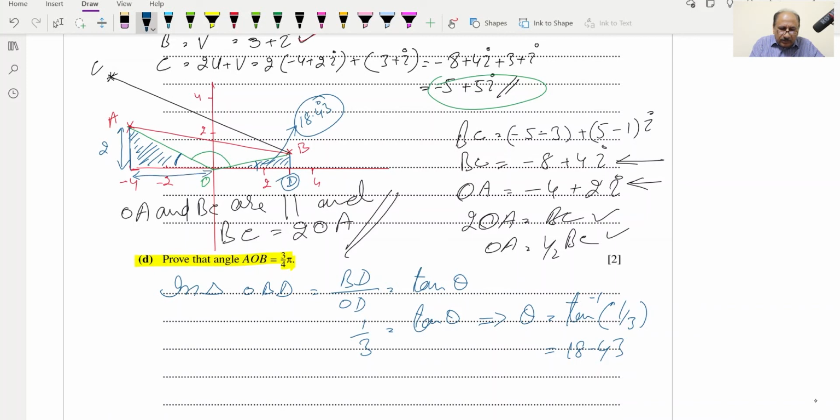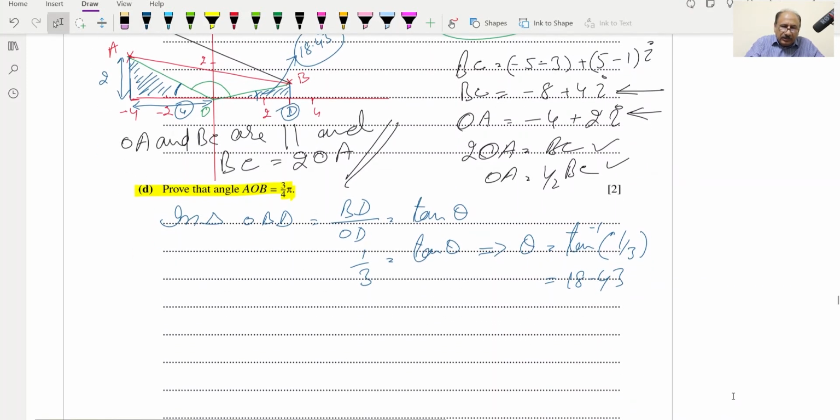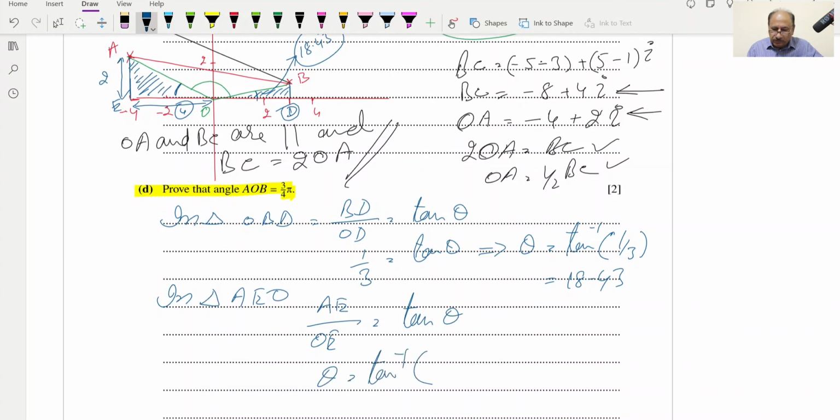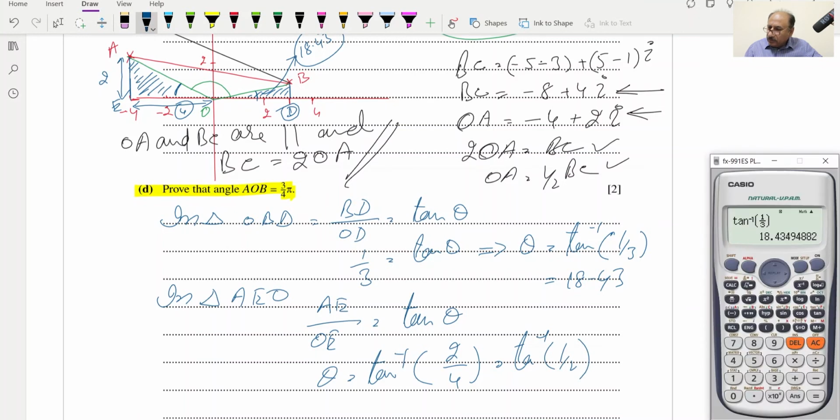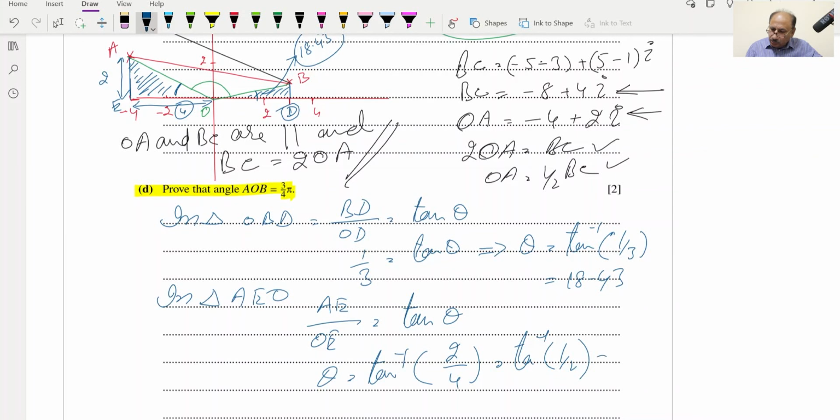So in triangle AEO, taking this point as E, AE over OE is equal to tan of theta, and theta is tan inverse of 2 over 4, which is tan inverse of 1 by 2, equal to 26.57.